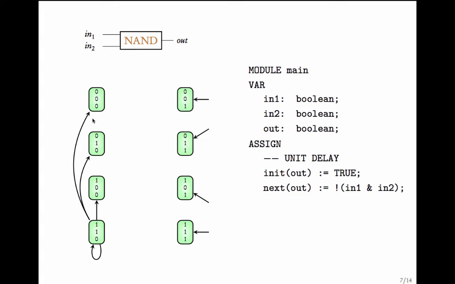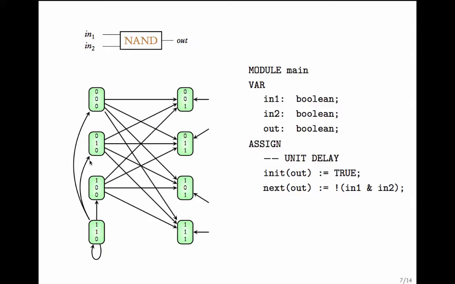Now consider this state. Here the value of in1 and in2 is 0 and 0, AND of this is 0, NAND of this is 1. This would go to states where out is 1. Similarly, for these 2 states, the successors are the ones where the out is 1. Here it's the same.